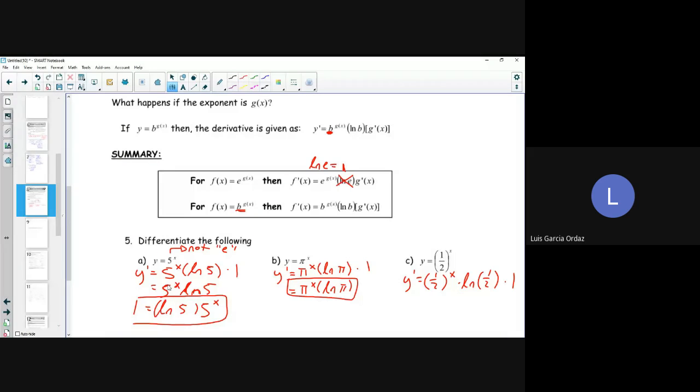What this simplifies to, using our laws of logs, is 1 over 2 to the x times negative ln of 2, which gives me negative 1 over 2 to the x times ln of 2. This is from, I believe, the second lesson, which is my laws of logs.